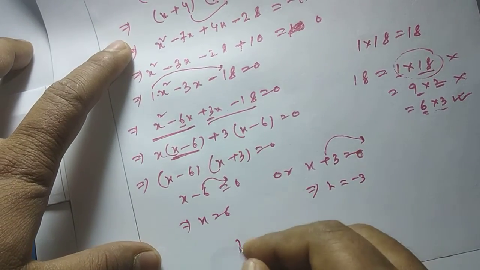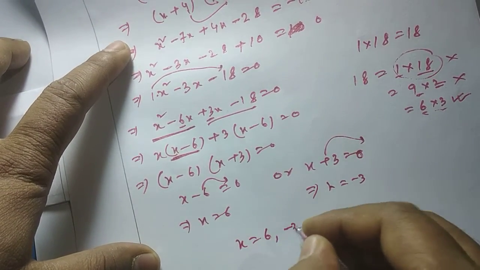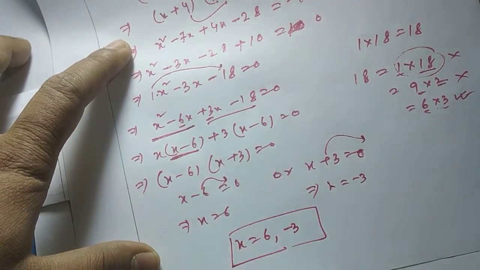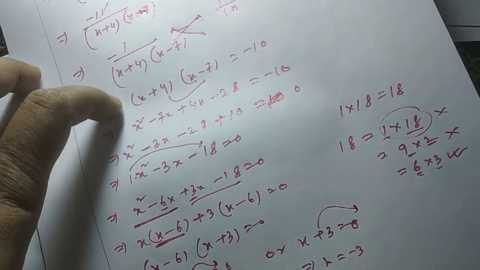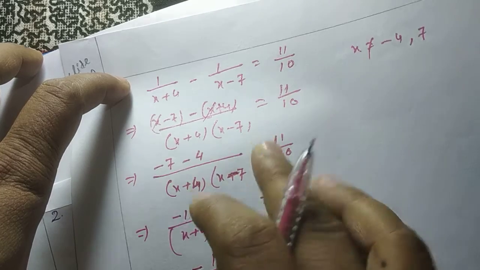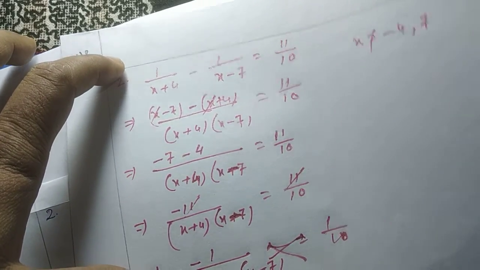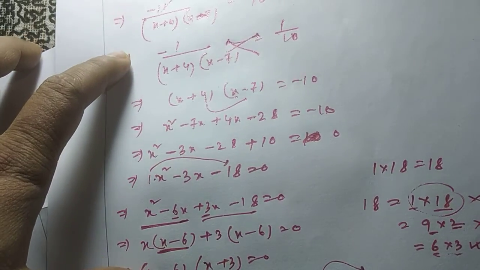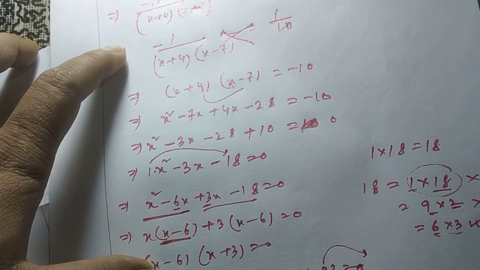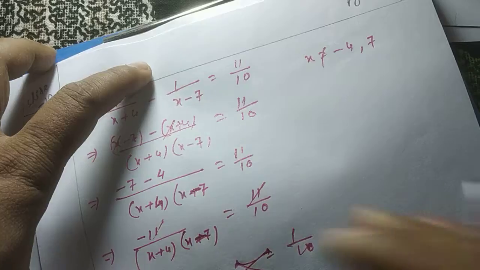So ultimately we got x equal to 6 and minus 3. These are the required solutions, required roots of the given quadratic equation. Here I have used the factorization method. If you follow any other method, again the same roots will come. Understood or not?